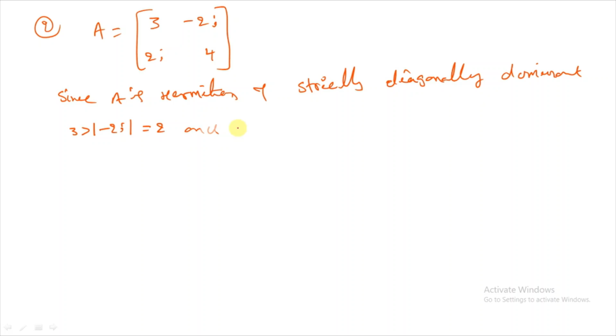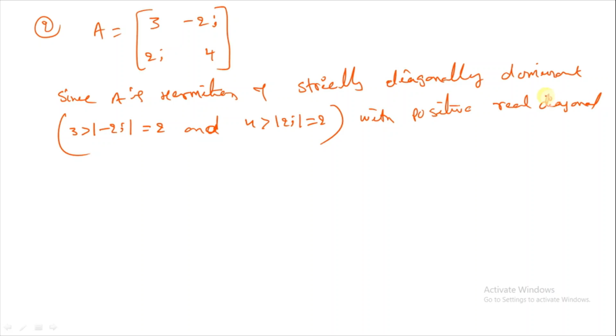The other diagonal element is 4, greater than the modulus of 2i, which is also true. So it is diagonally dominant, with diagonal elements that must be positive real numbers.